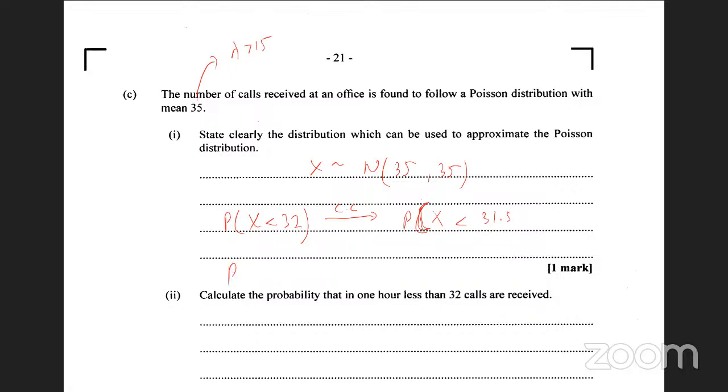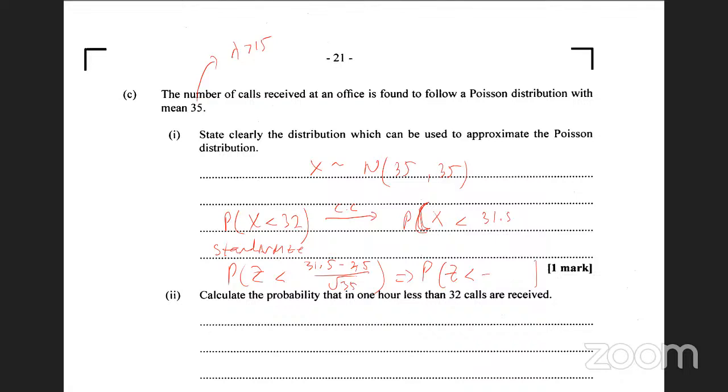Right, for the probability, you have to standardize. So we standardize it now. Probability of Z is less than 31.5 minus 35 all over the square root of 35. And that will give you the probability of Z is less than what?